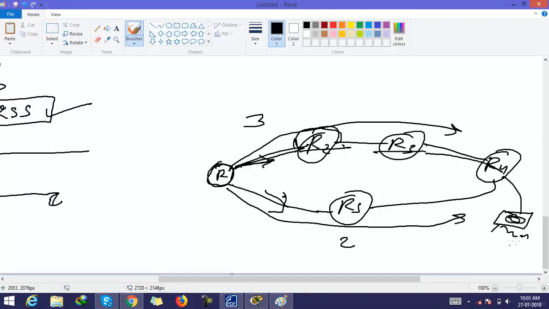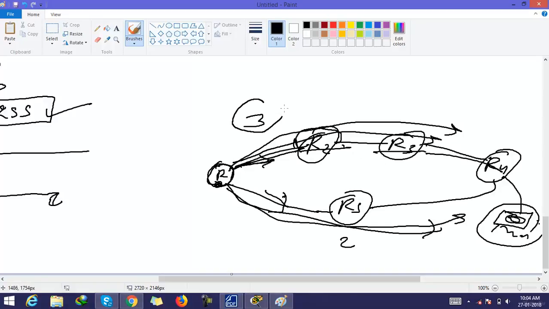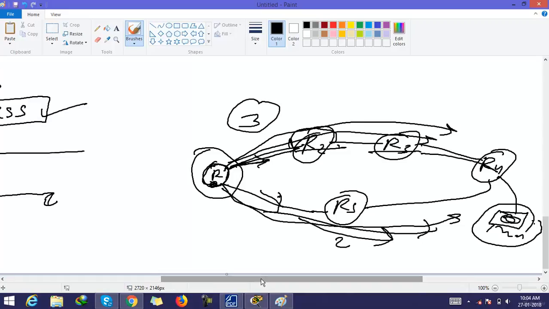So this network is two hops away from this router through this route, but through the other route, this network is 3 hops away. So this is the best path for this router. This is a distance vector routing protocol.